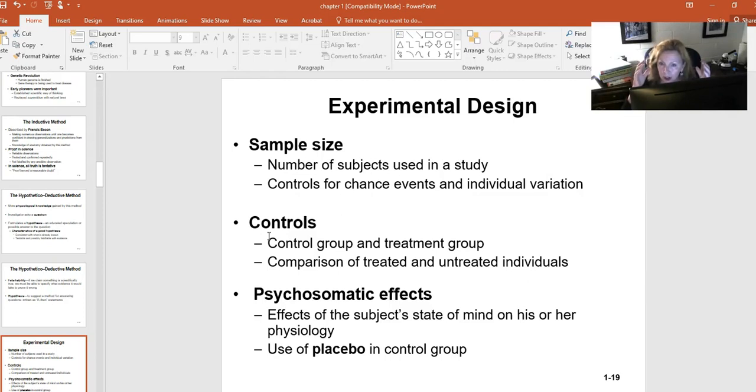And then not only huge sample sizes, but you also have to have built-in controls, and not usually just one blind control, but double blind controls, where, and I'm just going to use medicine at this particular time, people don't know whether they're getting the medicine, and the researchers don't.